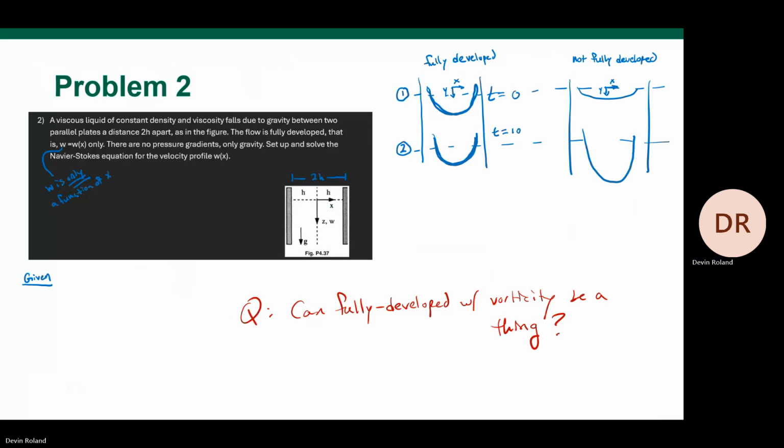Okay, that's all I want to say there. There are no pressure gradients, only gravity. That's a good simplification. So we want to set up and solve the Navier-Stokes equation for the velocity profile W of x with respect to x. W is a function of x, you might say.